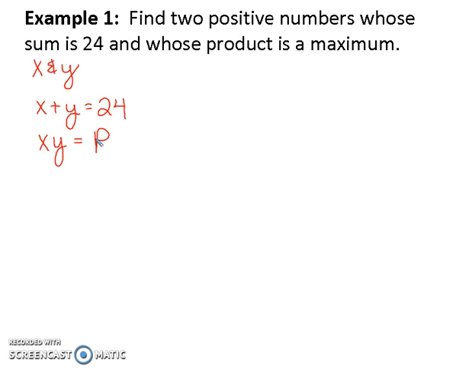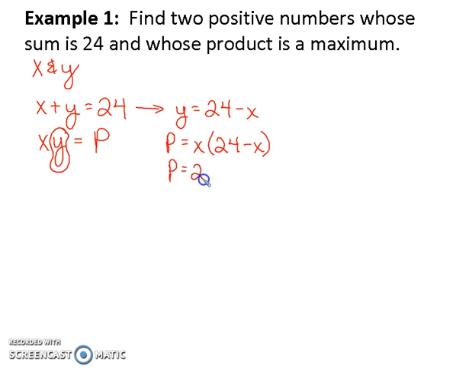That's where this little side equation is helpful to us. I have another way that x and y are related: x plus y equals 24. So I could solve it to say y equals 24 minus x, and then replace y with 24 minus x. That means P would be equal to x times 24 minus x, or P equals 24x minus x squared.